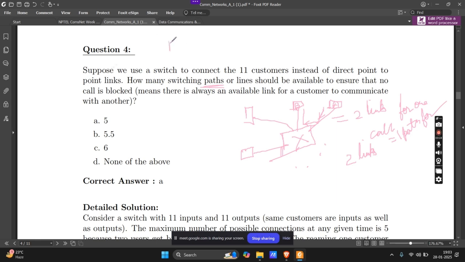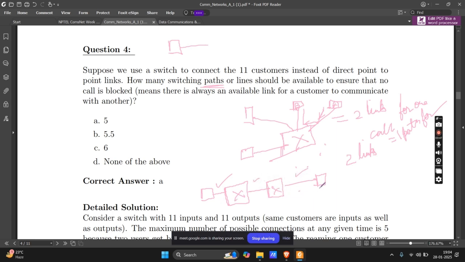So if you have this kind of a situation, there is a switch, a user is connected to a switch that is connected to another switch that is connected to a user. So how many links are needed for one call? 3 links will be needed.